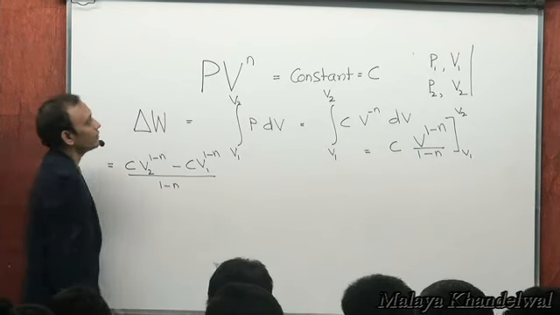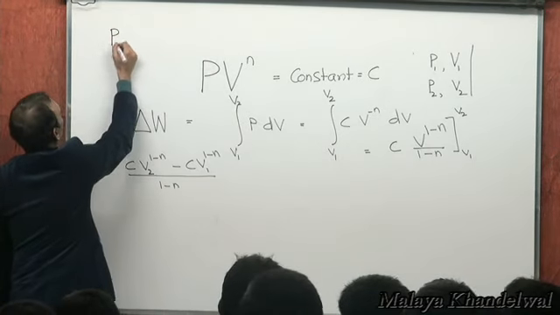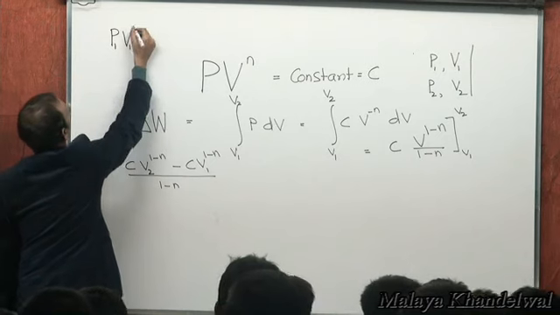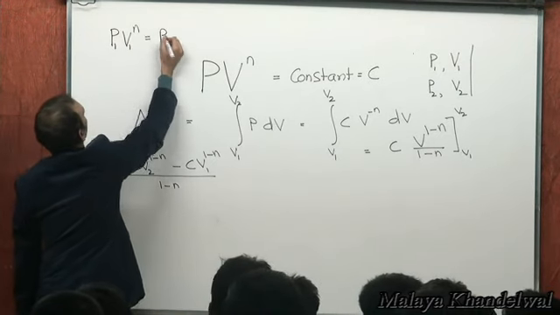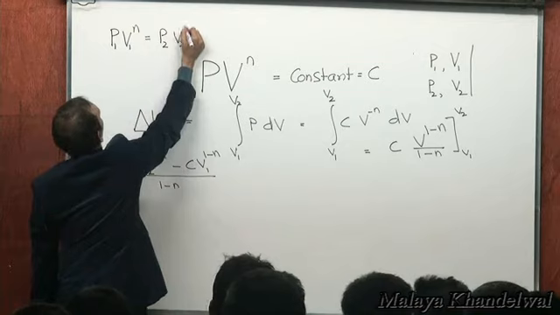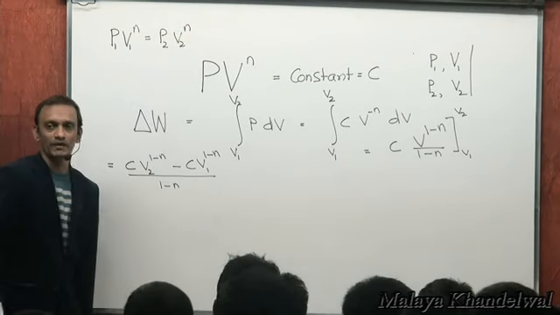Right? Now, for the process, the pressure and volume will always be subject to this condition. P1 V1 to power n is P2 V2 to power n.